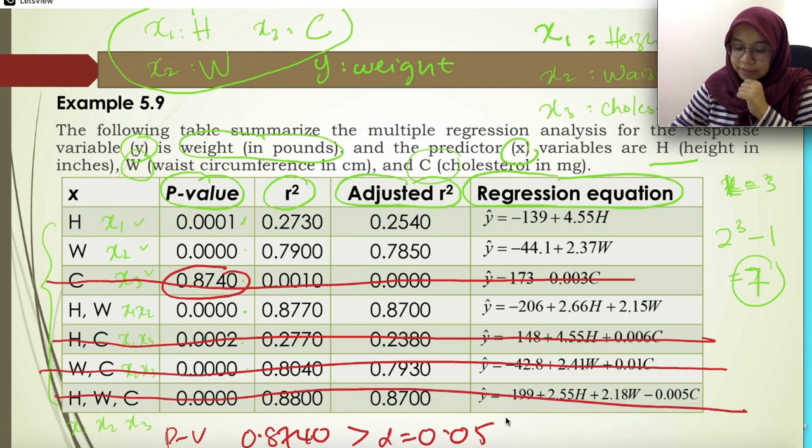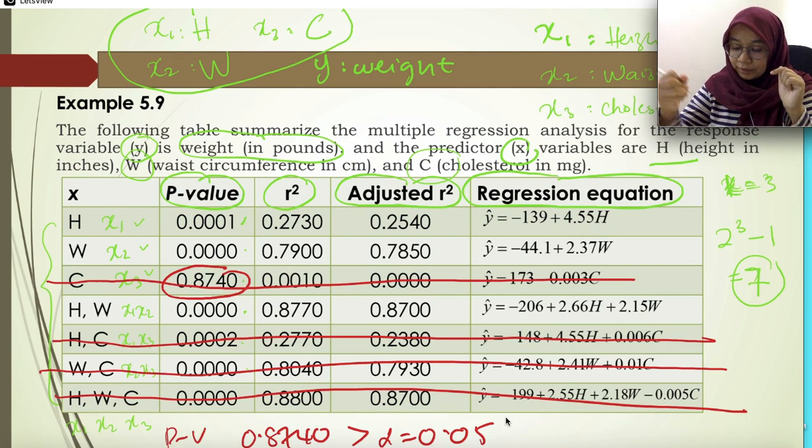Right? So next you have H, W and HW. The p-value for H is 0.0001, the p-value for W is 0.0000, and the p-value for HW is 0.0000.